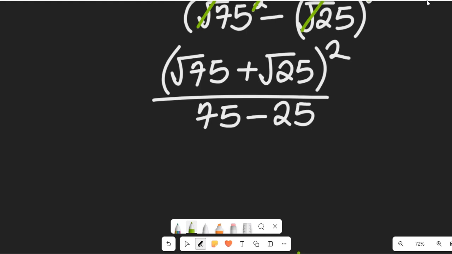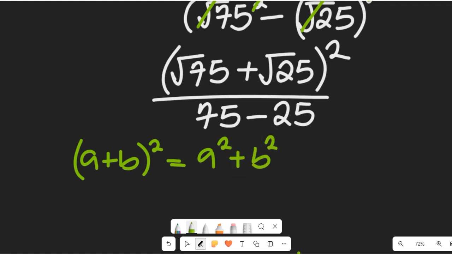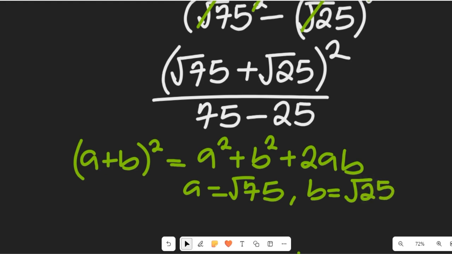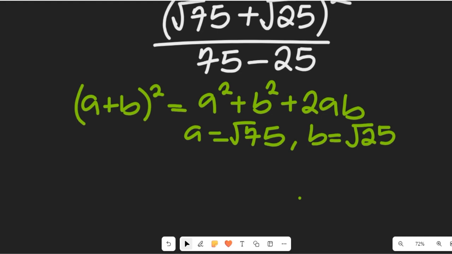From that algebraic expression, we will have the value of a plus b all squared. This is going to give us a square plus b square, plus 2ab. Now from this expression, you see that a is equal to the square root of 75, and our b is equal to the square root of 25. So if we have these two expressions, what we simply need to do is to simplify.